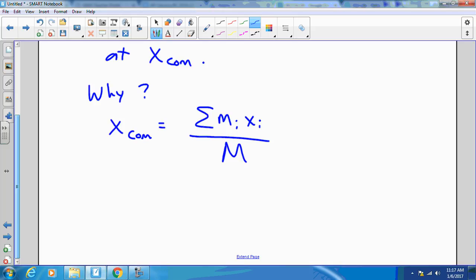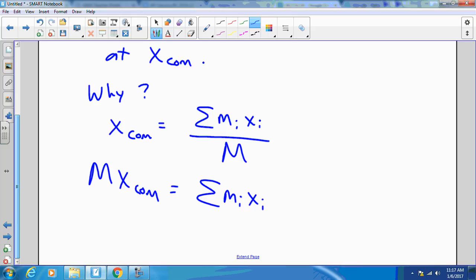If I simply multiply both sides by the total mass, what I get is the moment of a single object whose location is the center of mass and whose mass is the total mass. And that is equal to the sum of all of the moments, that's mass times position, of all the objects added together. That's the first thing.